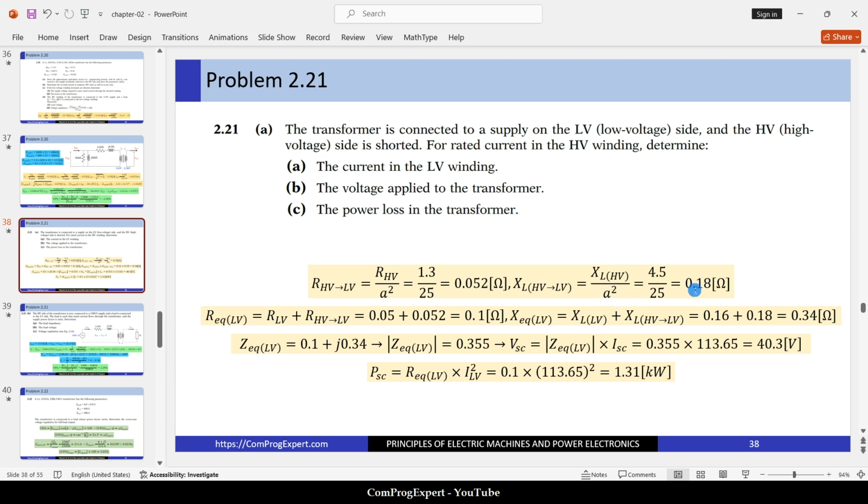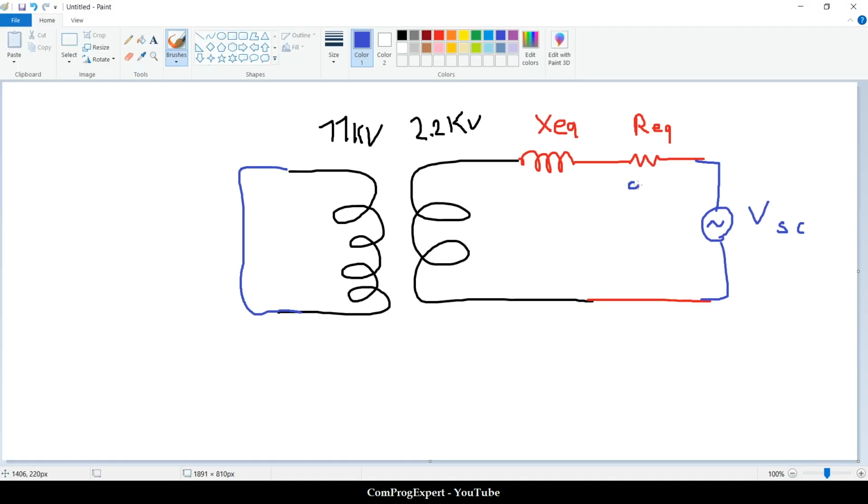Here is the number 0.18 ohm, and this is the R equivalent for the low voltage winding. Summation of these two parameters, the resistance of the low voltage winding plus the resistance of the high voltage winding referred to the low voltage side. The value is 0.10, the value of this resistance.